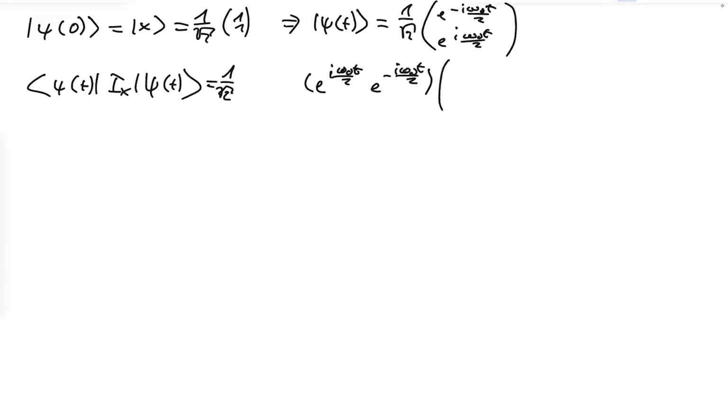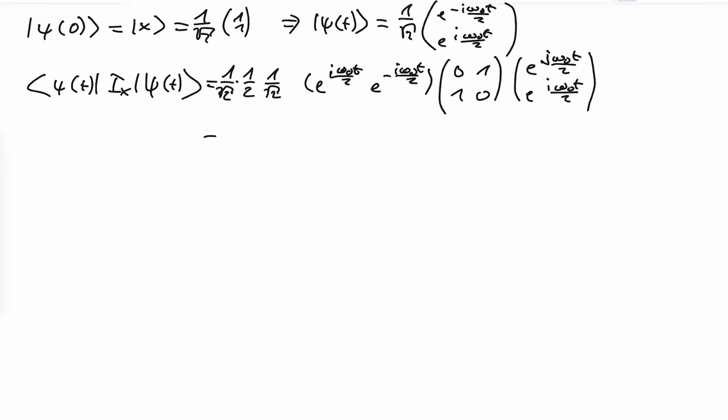Then we take the Ix matrix, which I write now as 1, 0, 0, 1, 1, 0, and times 1/2 in the beginning. And then we have the ket vector e to the minus i omega 0 t half and e to the i omega 0 t half. And again, 1 over square root of 2.